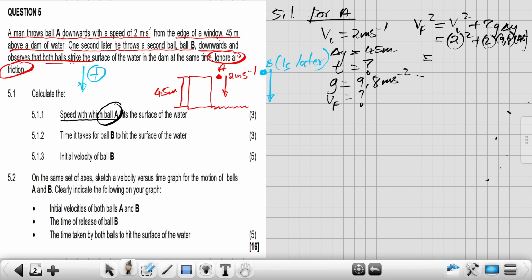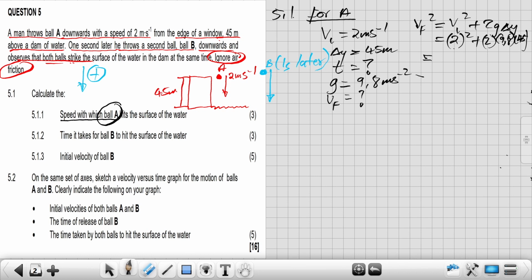Then when I go further, I find that everything here will be something like 886. Let me correct my pen here.